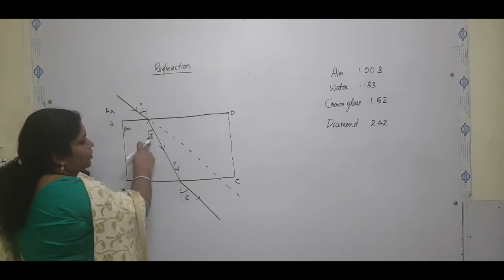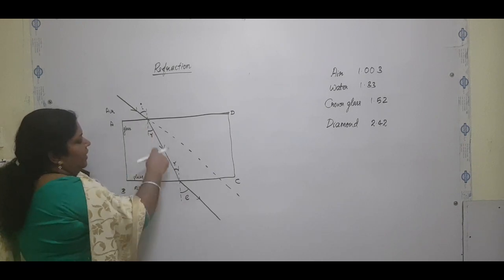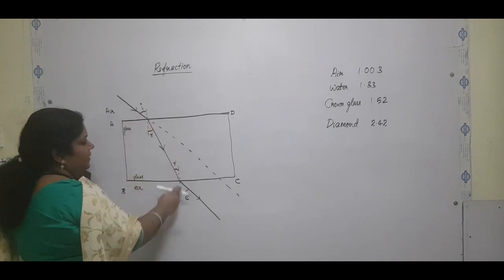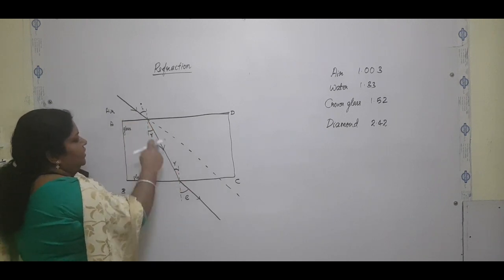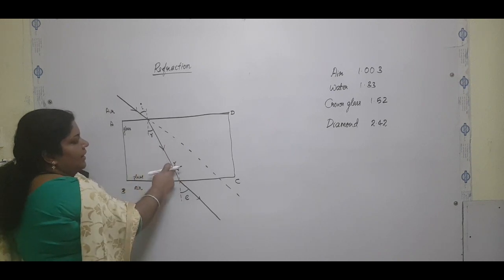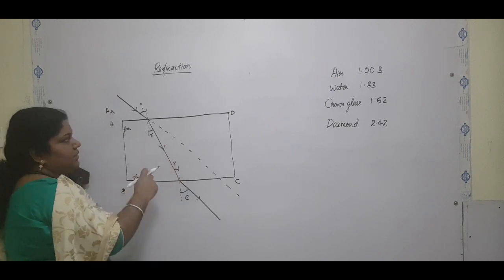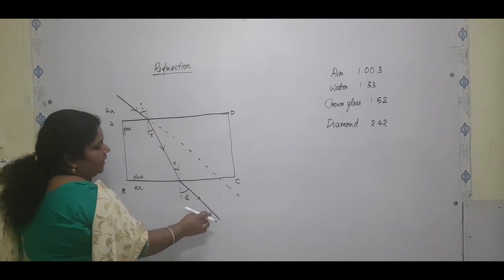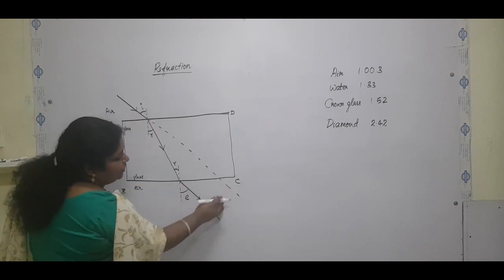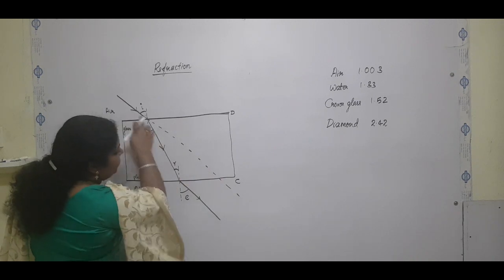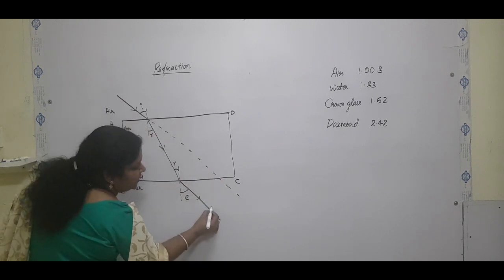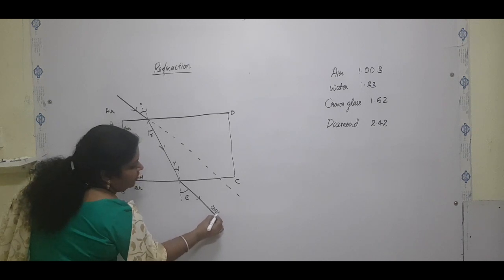These two angles will be equal because these normals will always be parallel to each other. This one and this normal are parallel. So these two are known as alternate interior angles. These are equal ones. So this is I, this is E, and you can see that these two rays, that is incident direction, and this emergent ray, this ray is known as emergent ray.